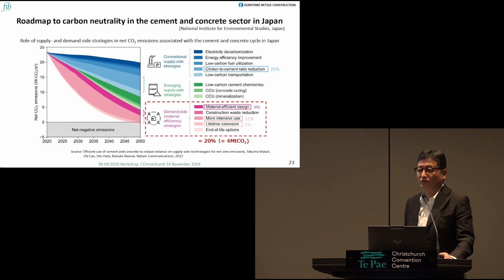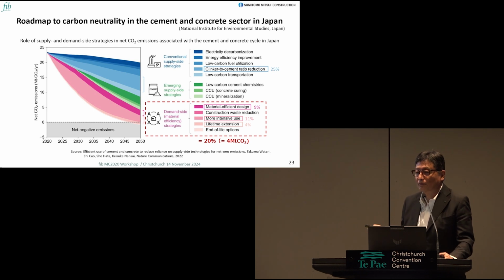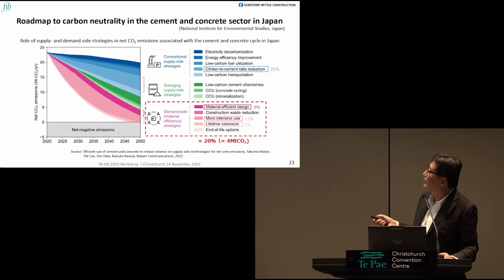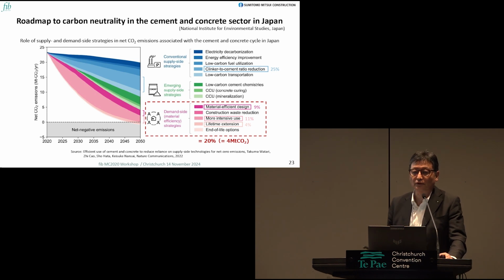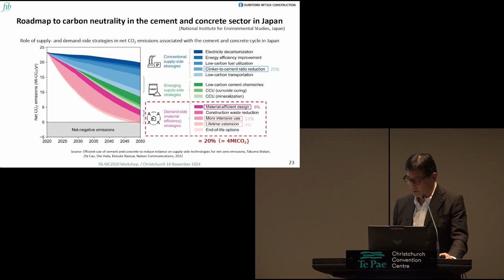Many colleagues mentioned this, and also more intentional use of the structure, and life extension. So soon our roadmap will be launched in society. By using this 20%, about 0.4 gigaton, we try to reduce. It is a big challenge to reduce using this kind of treatment in the future.